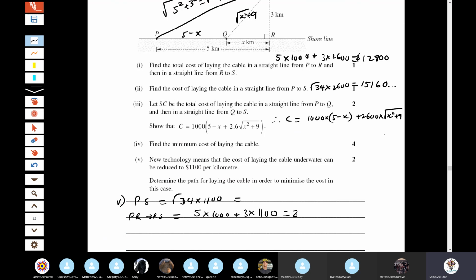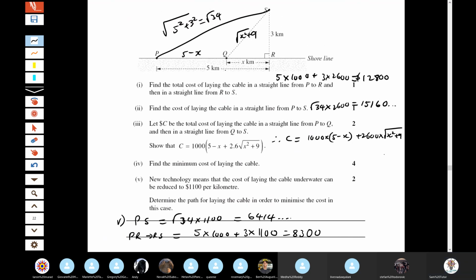This one, 8,3. And what about the top one? 6,414. And last one, P to Q, Q to S.